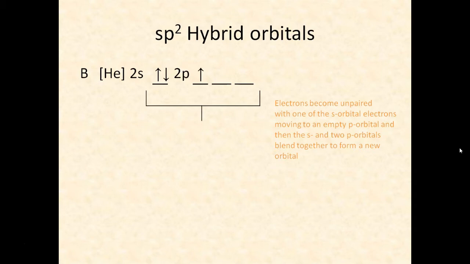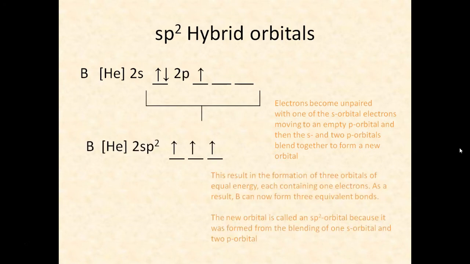We're going to blend the one s orbital with two p's to form a new set of orbitals. And so we'll have three orientations of equal energy, and it's called an sp2 because I blended one s with two p's. And now this allows my boron to form three bonds.